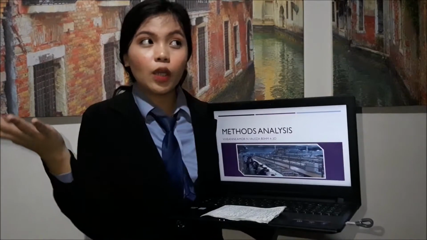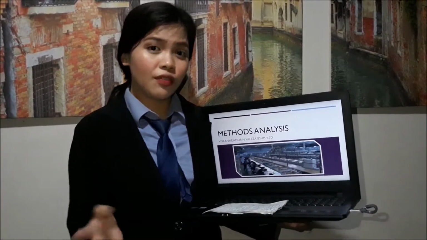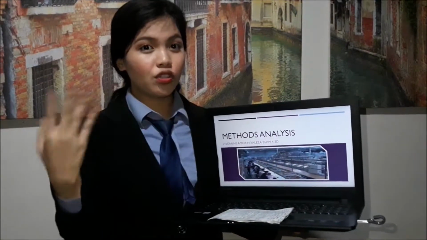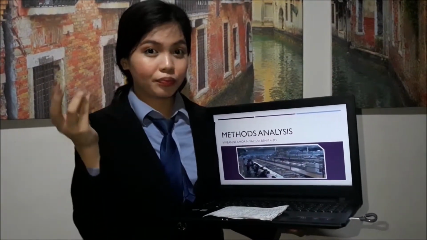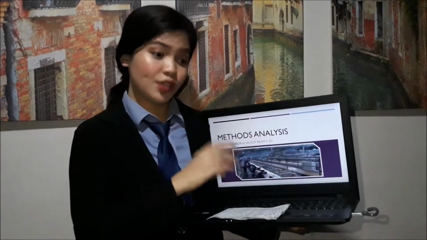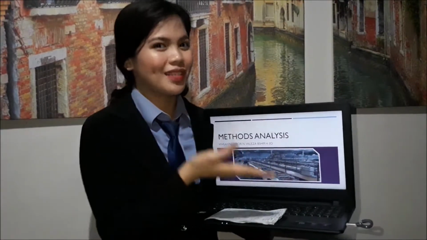So the company will determine its goals and objectives, and for achieving that goal, they're going to ensure that they have a strategy that will lead them to their desired goal, and that operational strategy is the work system design.